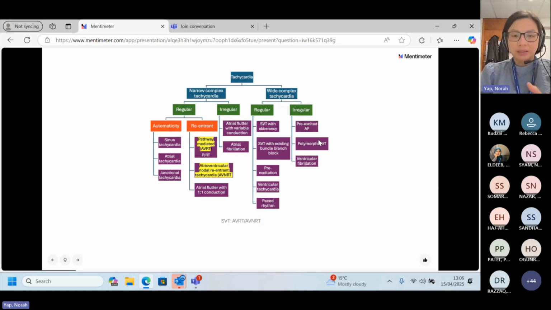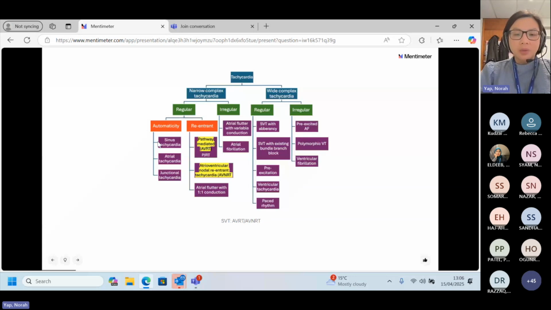Is it regular? Is it irregular? So if we look at the narrow complex tachycardia, if it is regular, then you need to think about the mechanism of the tachycardia, because this will influence how you're going to manage the child, and you can actually predict how the child is going to respond to the treatment that you're going to give.